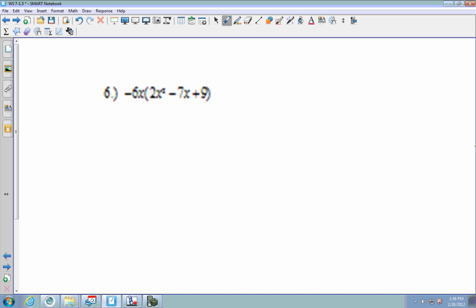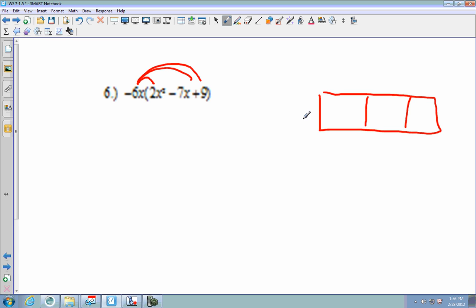Next one, you'll take negative 6x times each one of these right here. Now you could put it in a graphic organizer, which we call the box. You would have negative 6x here, and you'd have 2x to the second power minus 7x plus 9. So I have negative 6 times 2, negative 12x to the 1 plus 2 is 3.